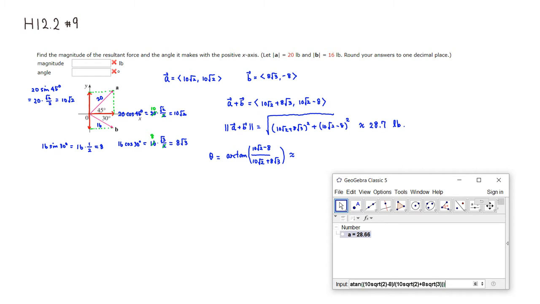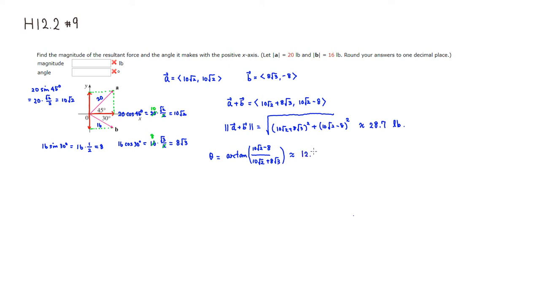This will give us the angle. The angle came out to be 12.37, so I'll say 12.4 degrees. Let's type it in.